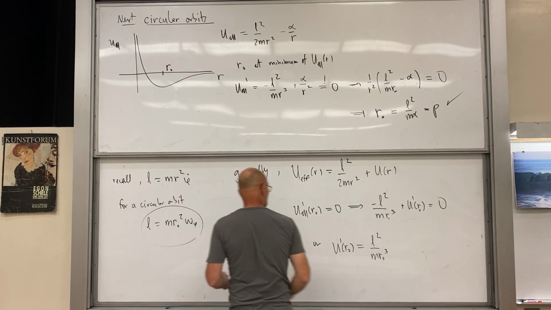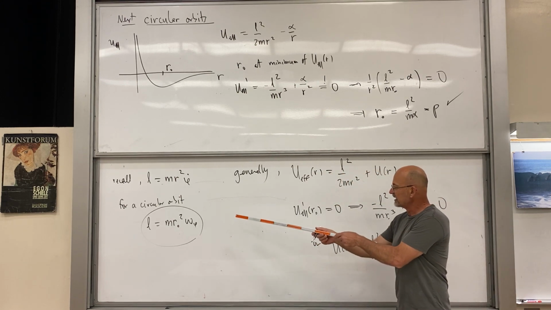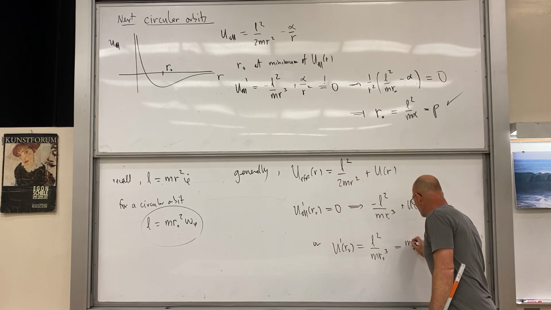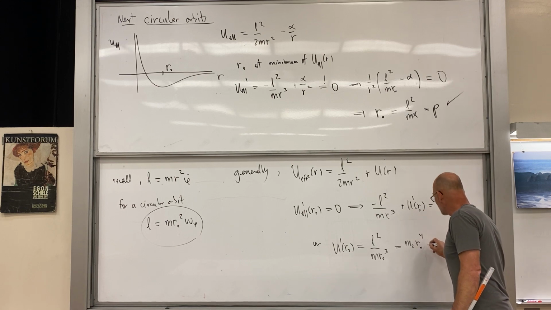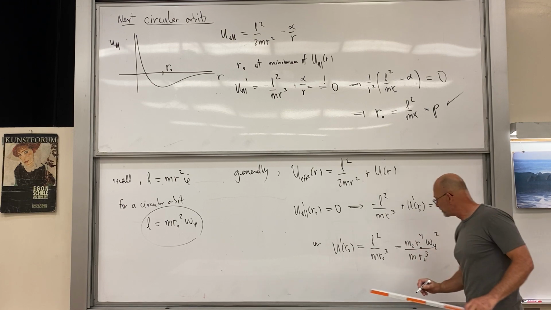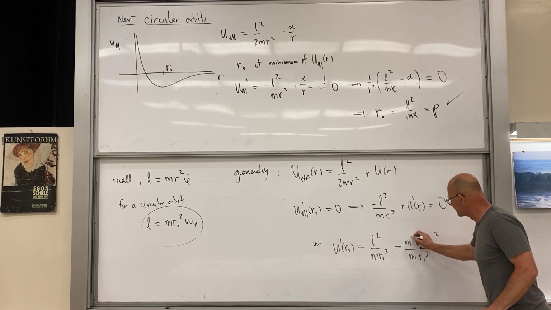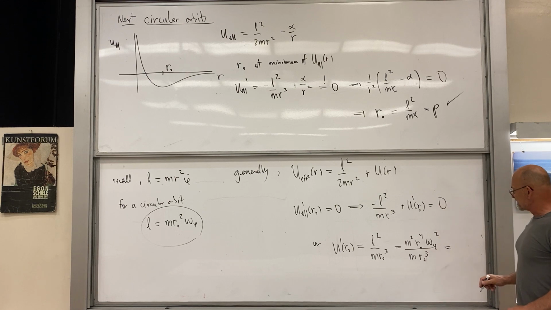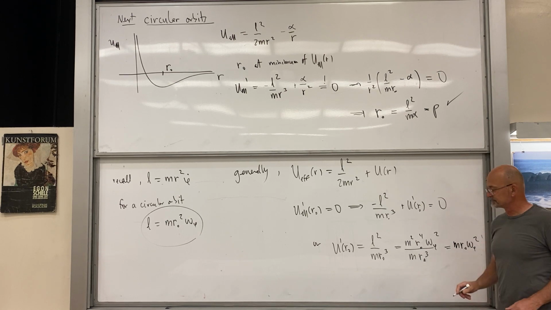We plug that in here, and we square this, so we get m squared r naught to the fourth omega sub phi squared over m r naught cubed, and that simplifies to m r naught omega sub phi squared.